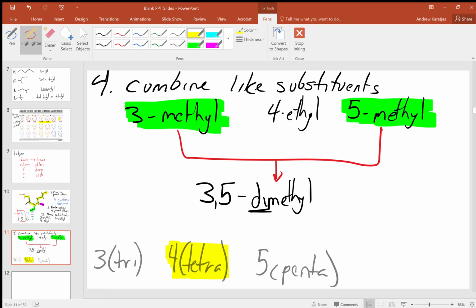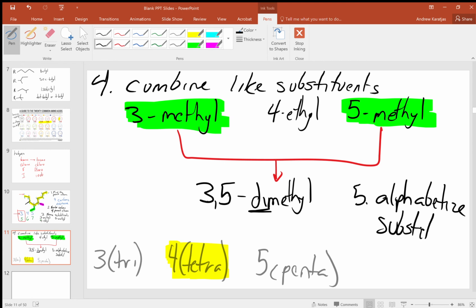Alright, so we are almost done. Now, step 5, alphabetize the substituents. So what comes first? 3,5-dimethyl or 4-ethyl.